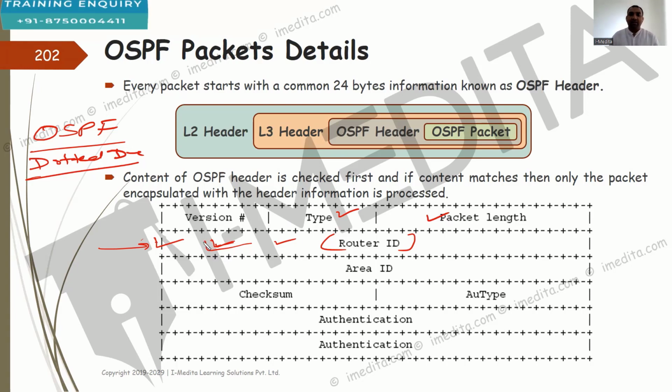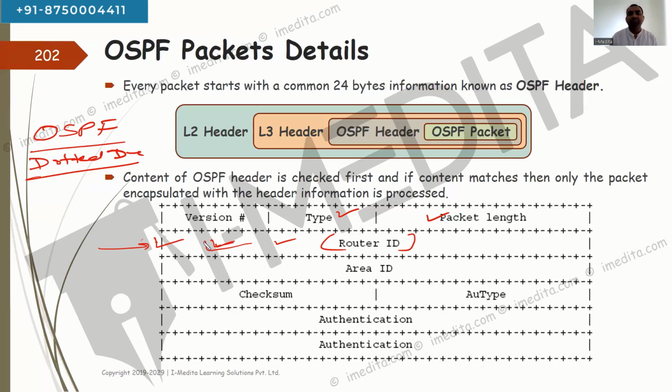If no loopback interface exists, it will look for the physical interfaces, and the physical interface having the highest IP address will be used as the router ID. Or you could simply assign it statically, and whatever you define statically will be used by OSPF as the router ID. That has the highest preference.